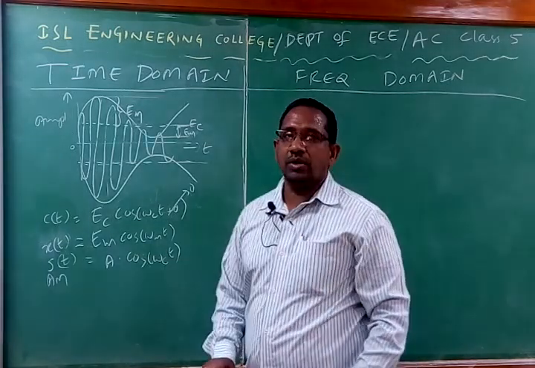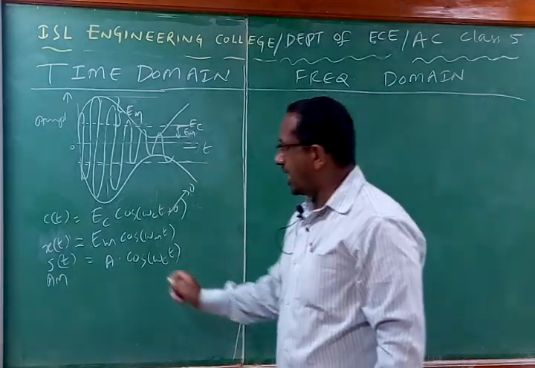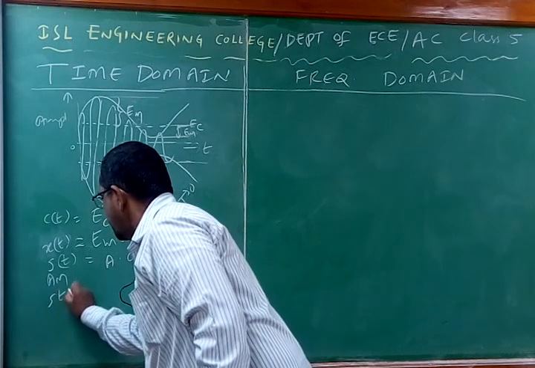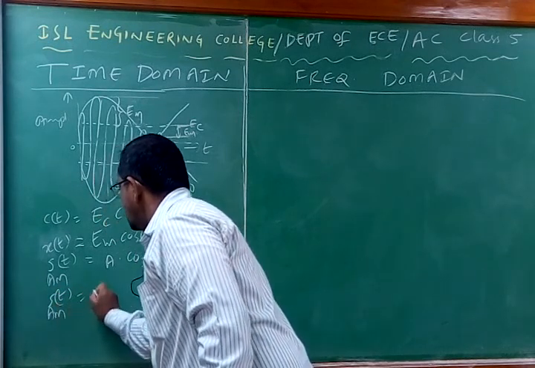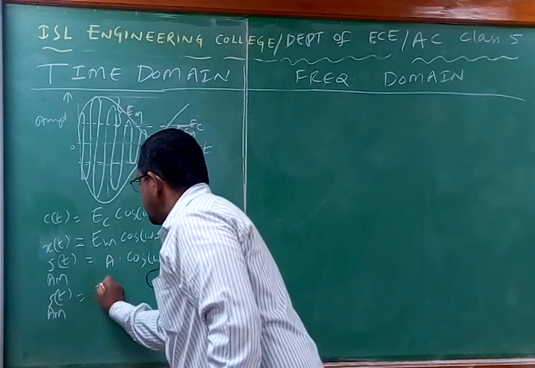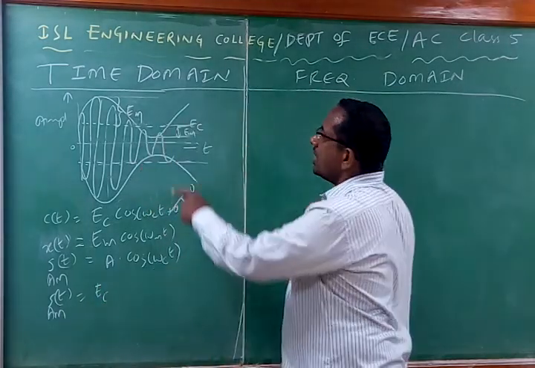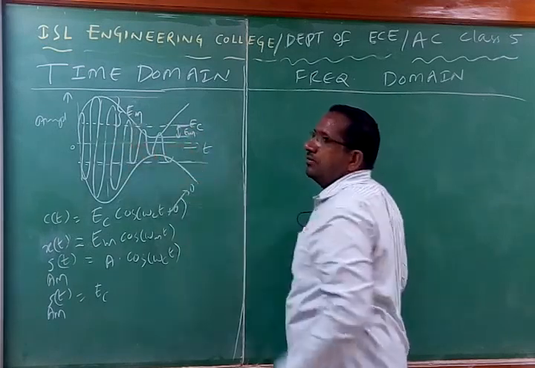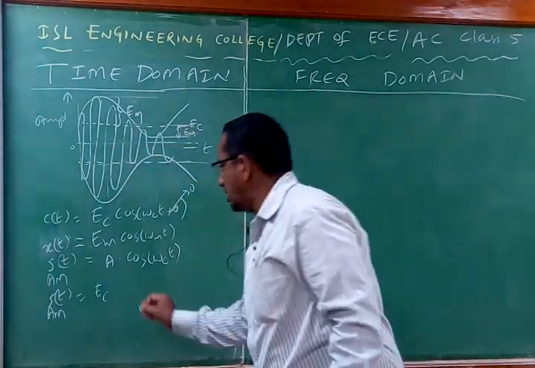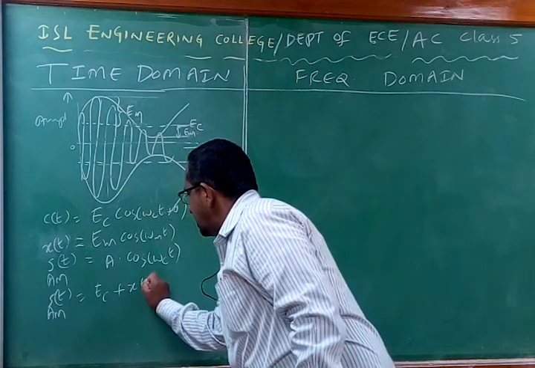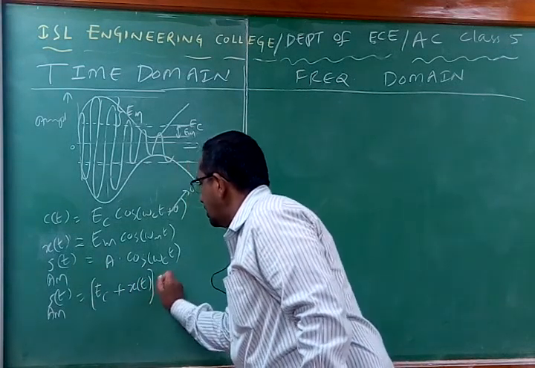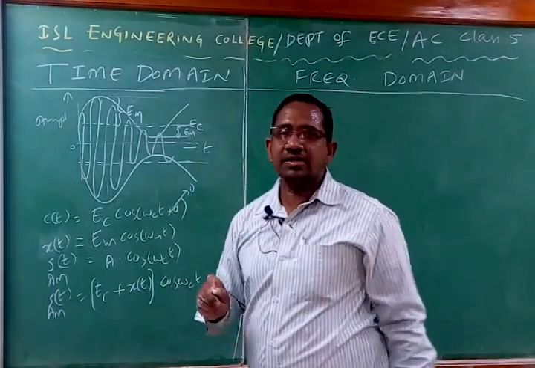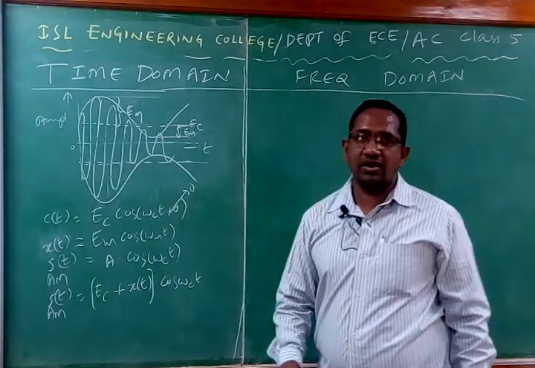Only the amplitude is going to change, therefore I write this amplitude as A. What is A now? A is nothing but the amplitude of the carrier Ec, which is changing with respect to the variations of the message signal. So I can write this as Ec plus x of t, whole into cos omega ct.